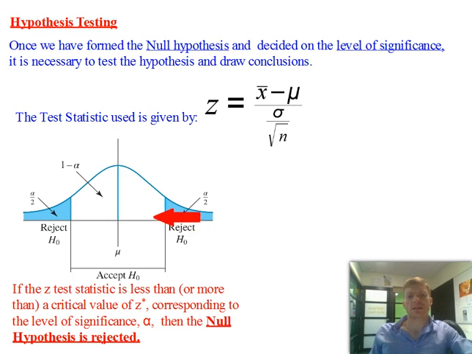Whereas when we step over into this shaded region, which is the probability of the significance level, but half of it for a two-tailed test, then as soon as our test statistic z-score gives us a value in this region or this region, then that's the point where we reject the null hypothesis. So if it's less than or greater than some critical z value that corresponds to the level of significance, then the null hypothesis is rejected.